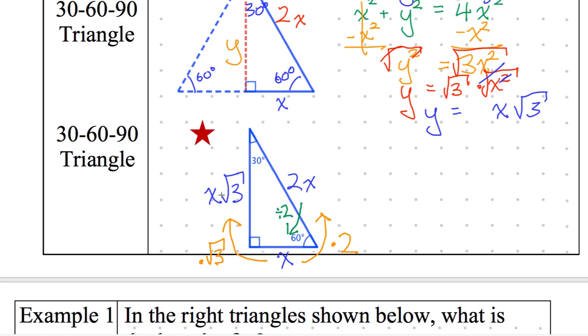That means if I'm going from x root 3 to x, I need to divide by square root of 3. So going forward, backwards, we know that we're multiplying or dividing by 2, multiplying or dividing by square root of 3. Have this written down in your notes. It makes it look messy, but it will help us in the long run, I promise. We multiply by square root of 2, divide by square root of 2. Multiply by square root of 3, divide by square root of 3.